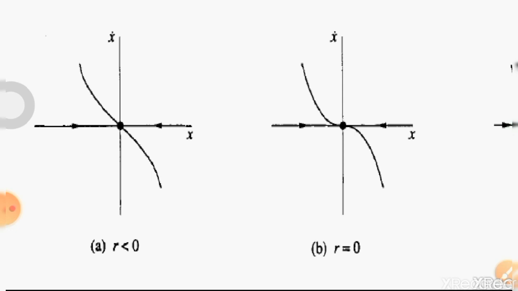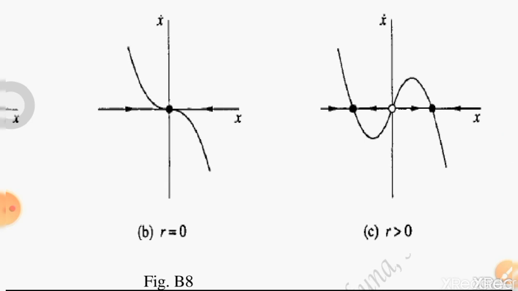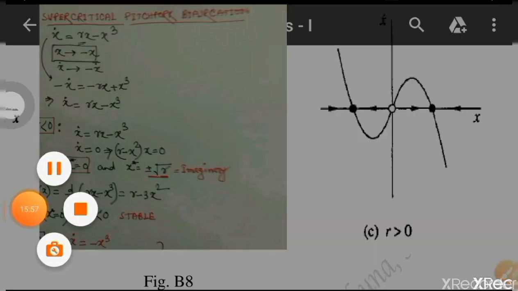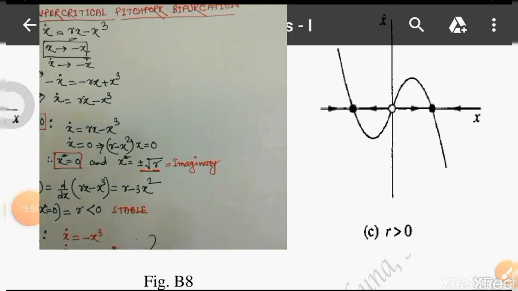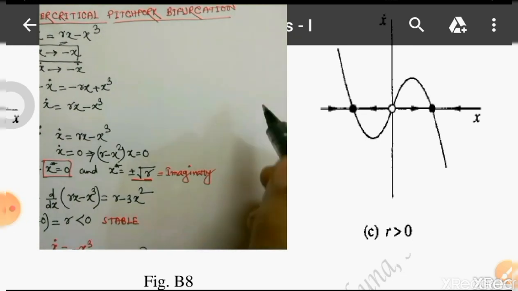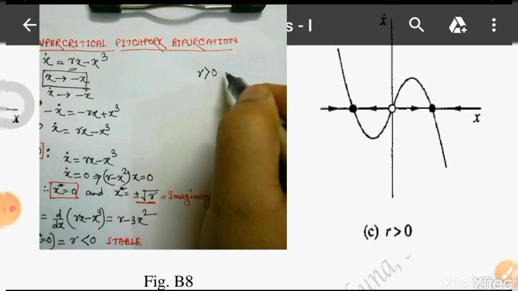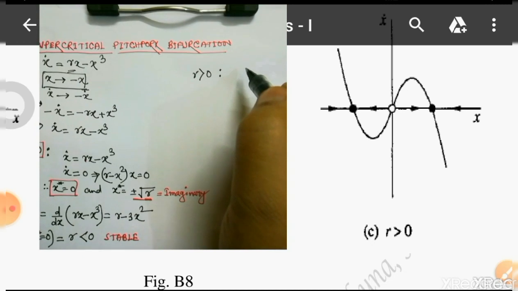Next, we will discuss the condition when r is greater than 0. Okay. Now, our condition is r greater than 0.